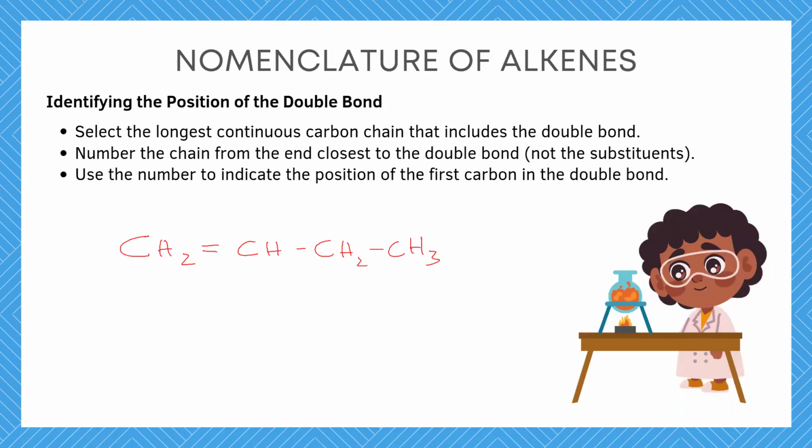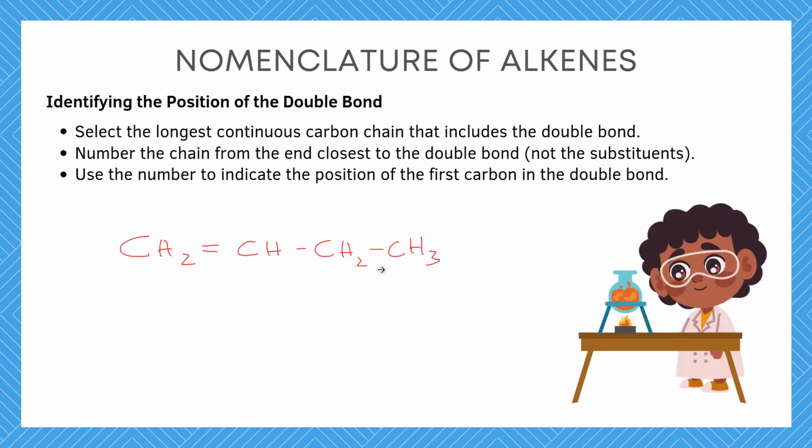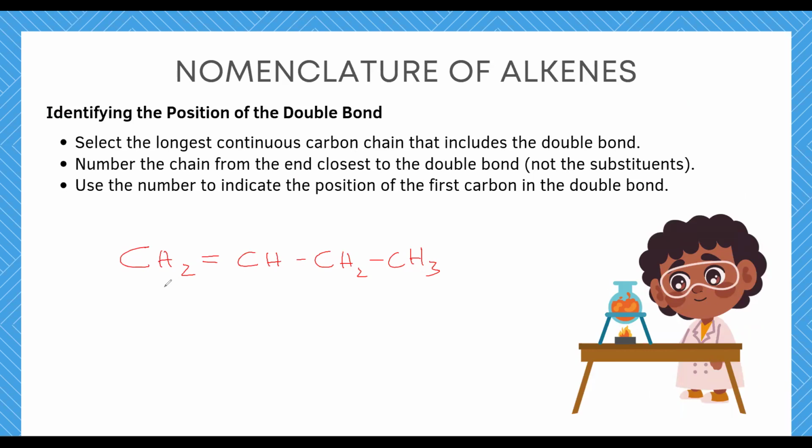What is rule number one? Select the longest continuous carbon chain that includes the double bond. Good. So let's find out which one is the longest continuous carbon chain that includes the double bond. We already have only one chain. We can count either from left to right, or we can count from right to left.